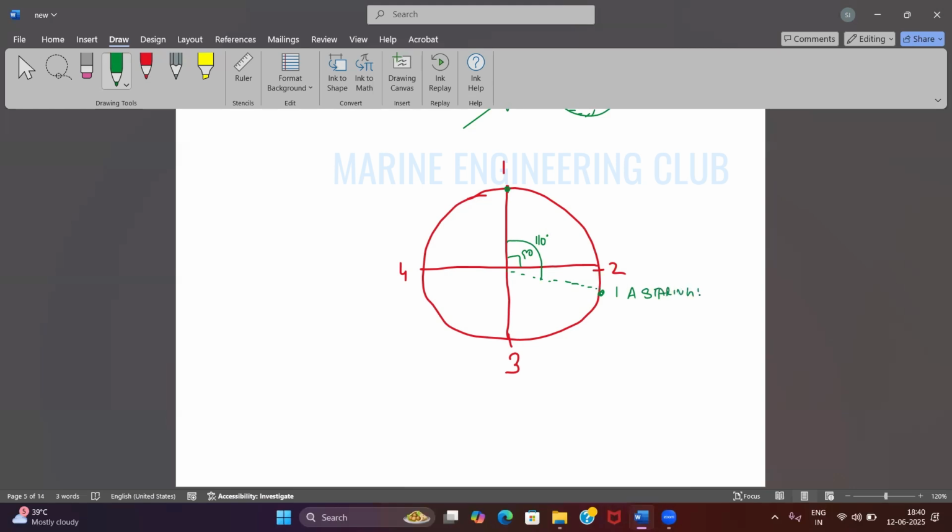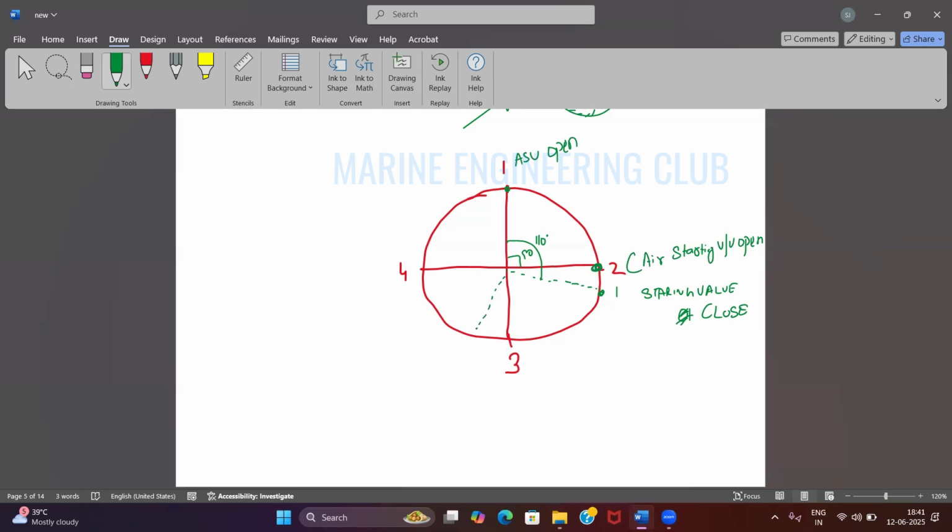Number 1 air starting valve open, and number 1 air starting valve close. And here, air starting valve open, and my number 2 is starting here. Agreed? Where will it stop?